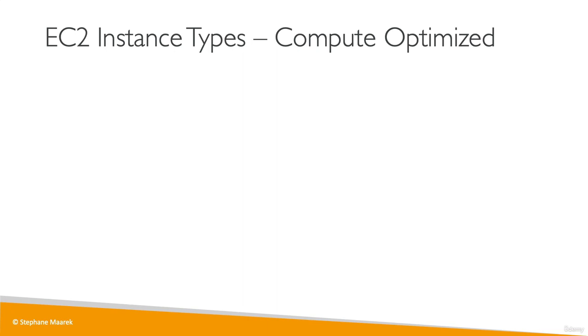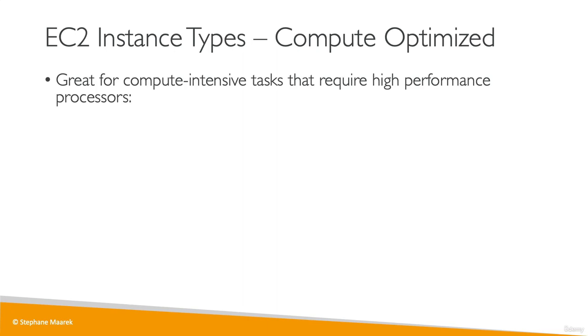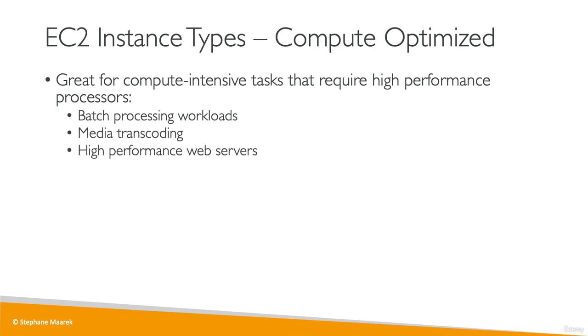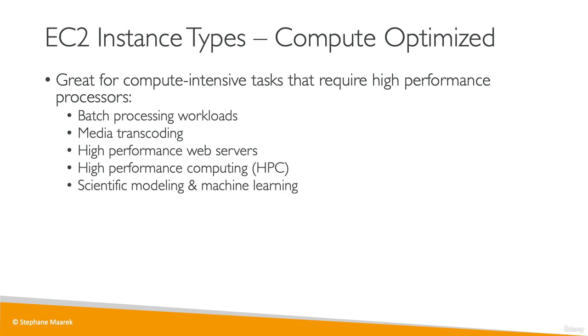Then we have compute optimized. These are instances optimized for compute intensive tasks, so what requires a high level of processor? For example, batch processing of data, media transcoding, high performance web servers, high performance computing (HPC), machine learning, or a dedicated gaming server.